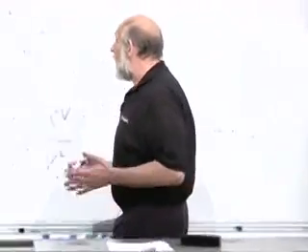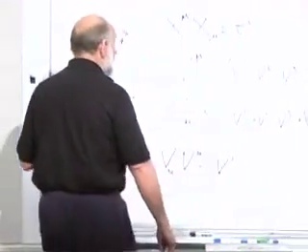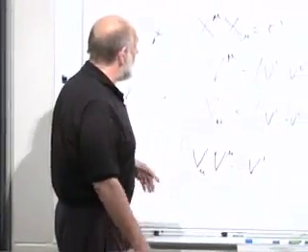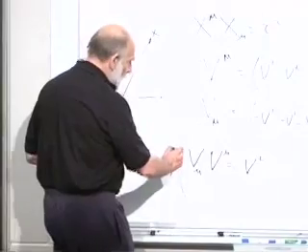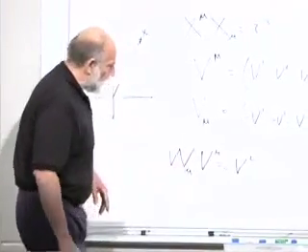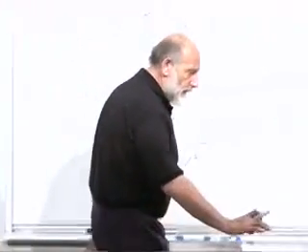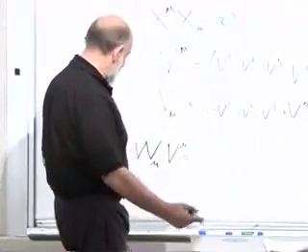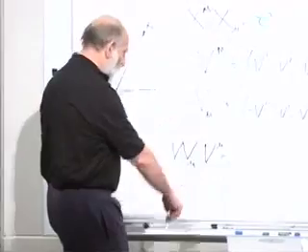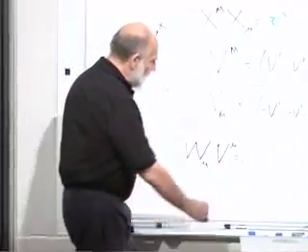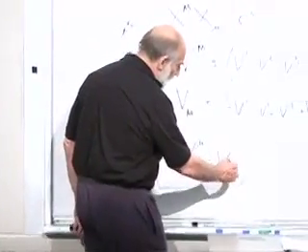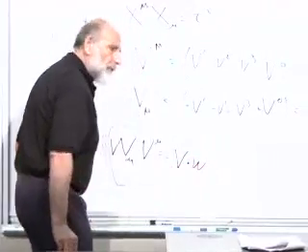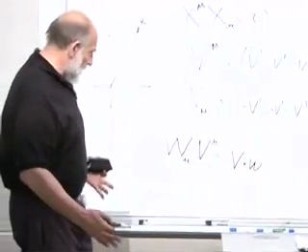Supposing you have two vectors, v and w, then you can invent the product of the two vectors and think of that as analogous to the dot product of two vectors. I don't know what to call it. This is what it's called, w_μ v^μ. But you can think of it as being analogous to the dot product of two vectors in ordinary space.